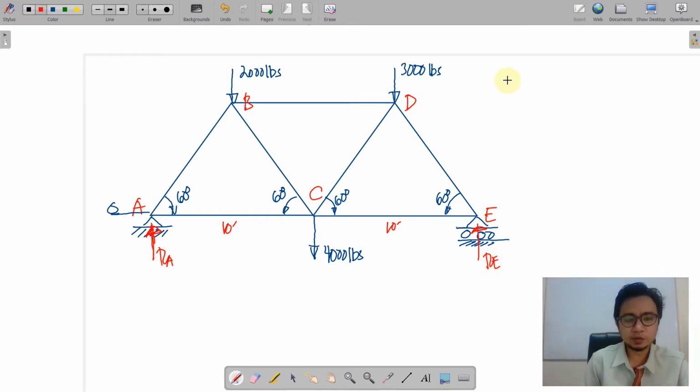So again, we solve for the reaction by summation of moments and then check it by summation of vertical forces.